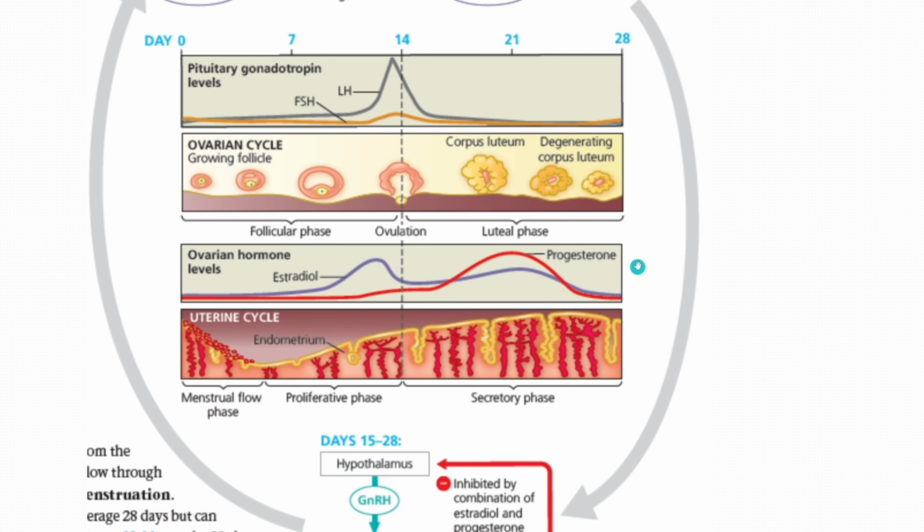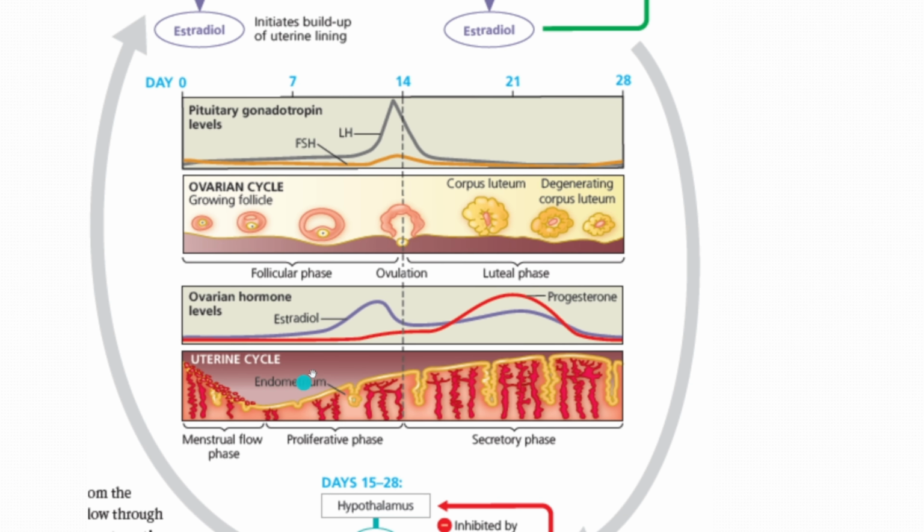So for now, when there is a fertilization process, because the secondary oocyte is already released, it means that the corpus luteum is not degenerating, estrogen and progesterone stay at a very high level, and the endometrium wall is not ruptured.